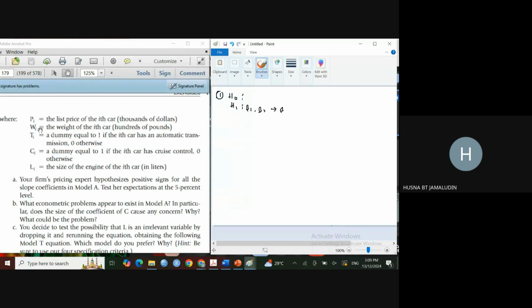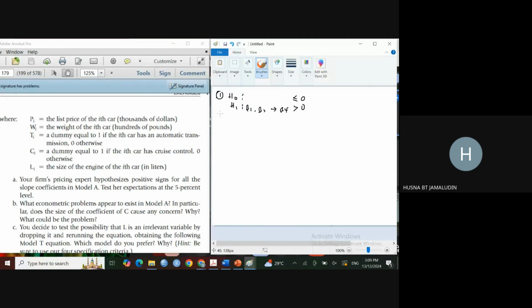How many betas do you have? 1, 2, 3, 4. All the signs are positive, so it's bigger than 0. The same with the H null, you put the opposite sign, equals 0. So you have to do individual hypotheses, individual 6 steps.